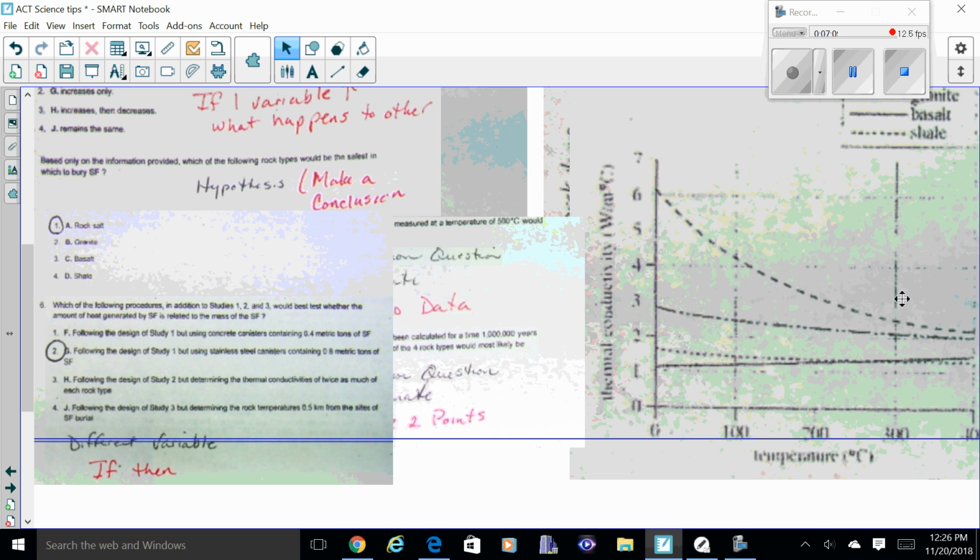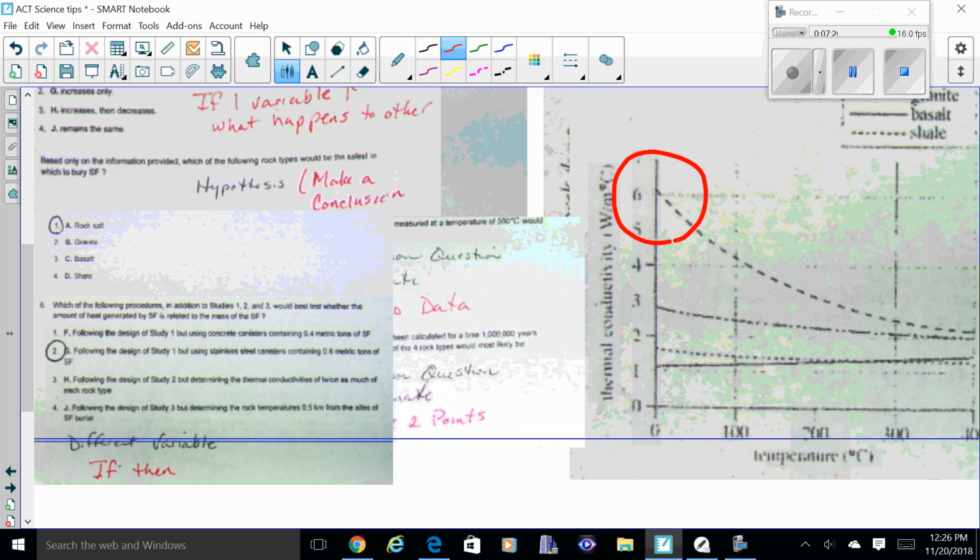Well, if you notice, this dotted line right here, dash line right here, it has a lot of conductivity and it goes down to the same temperature as all the rest of them. So since it's making the biggest change, that's the one I'm going to pick. And so my answer would be this dash line, which in this chart up here is rock salt.